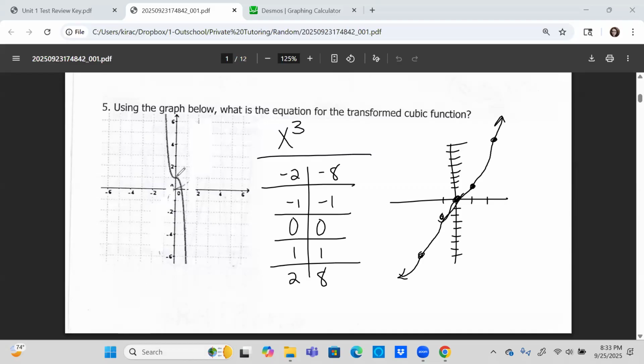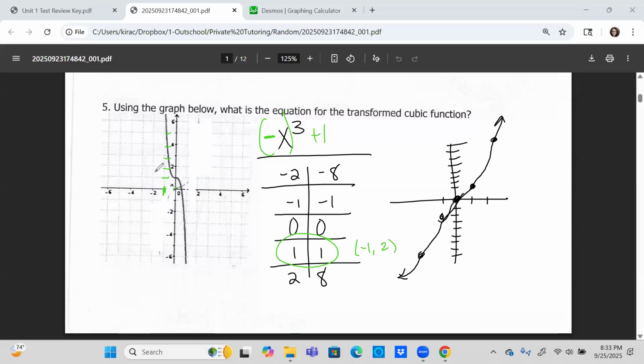If we look at ours, if this was just negated and up 1, then all the y values (1, 1) would then be -1, 2, right? But ours is -1, 1, 2, 3, 4.